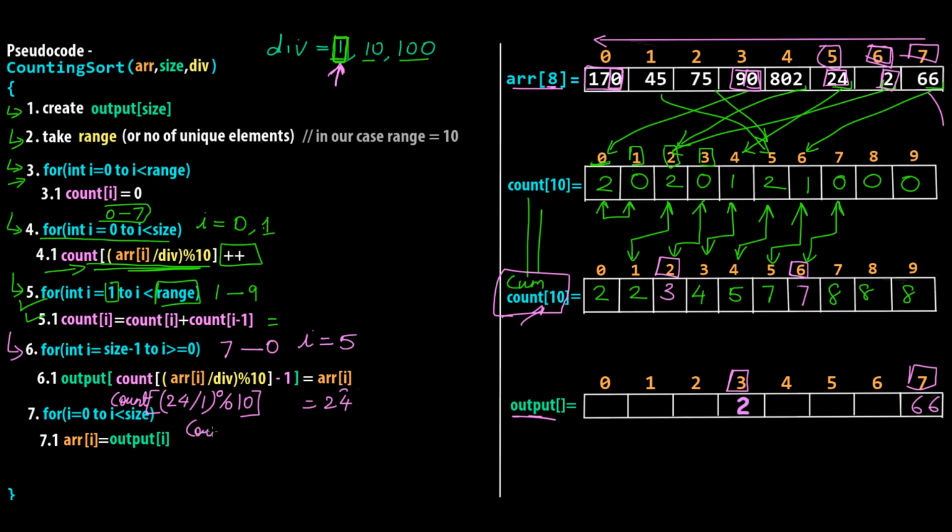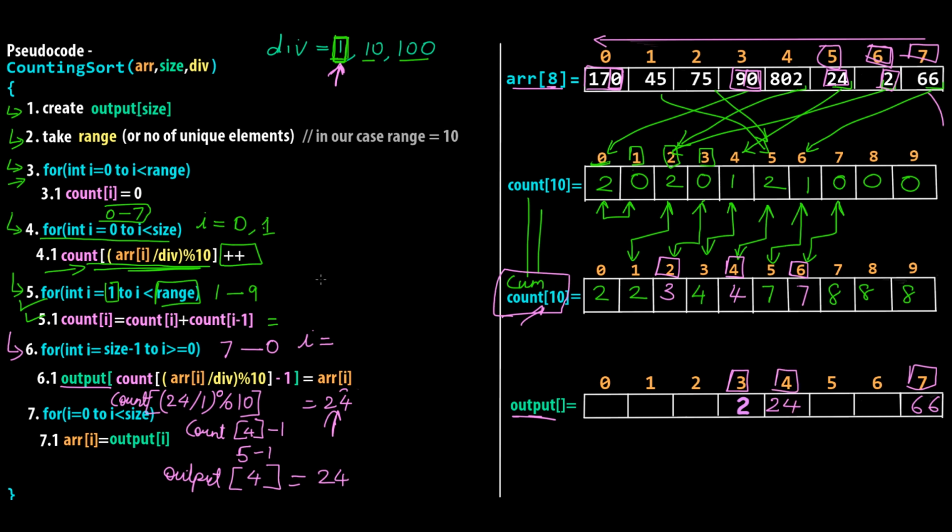So count of 4 minus 1. What is count of 4? Count of 4 is 5. So 5 minus 1 will become 4, and this is the position of the output array where we have to store this 24. So output of 4 will have 24.